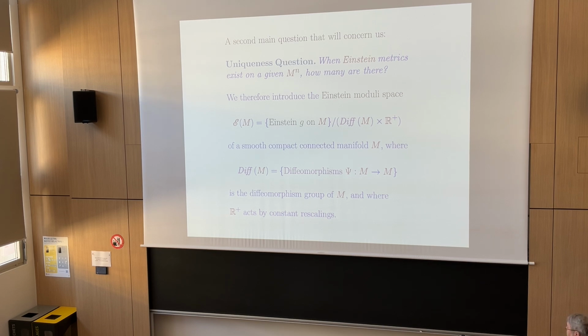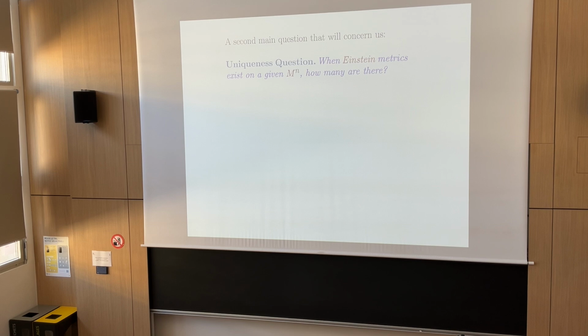So there's a group, the diffeomorphism group of the manifold, and the multiplicative group of positive real numbers. This group, the Cartesian product, acts naturally on the set of Einstein metrics, and the quotient is called the Einstein moduli space. The interesting question in the direction of uniqueness would be about what kind of structure this Einstein moduli space has.